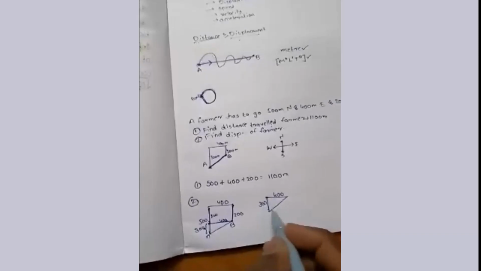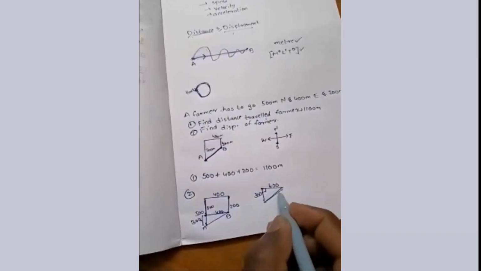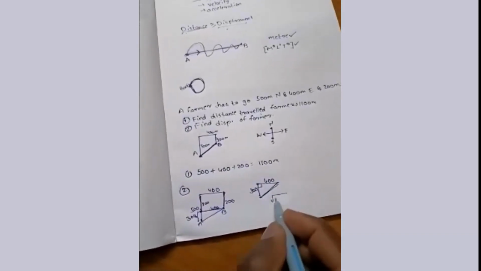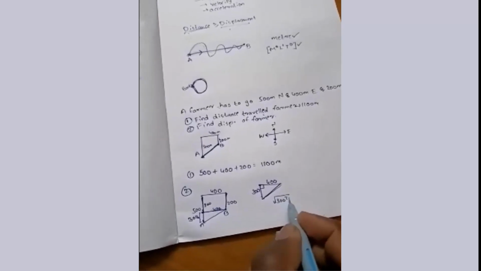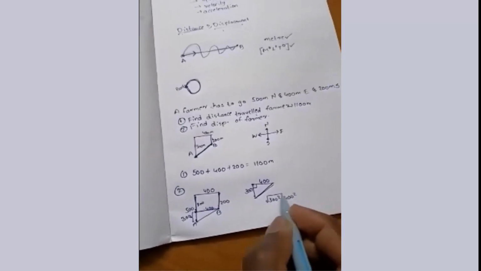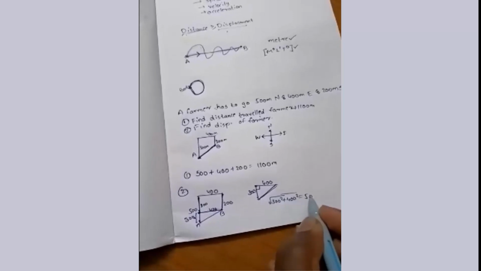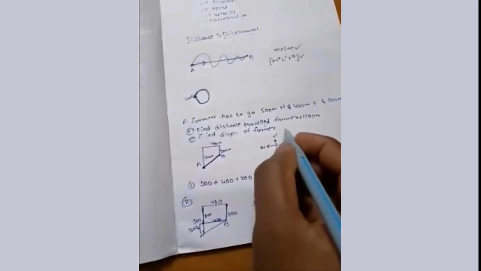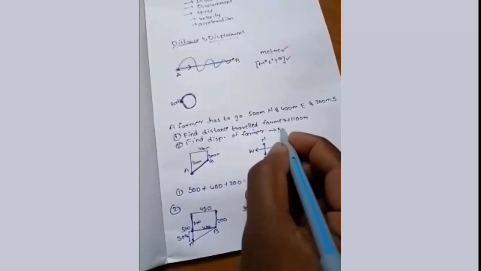Now this is a right-angle triangle in which one side is 400 and the other side is 300. By Pythagoras theorem, the hypotenuse is root of 300 squared plus 400 squared, which is equal to 500. So the displacement is 500 meters.